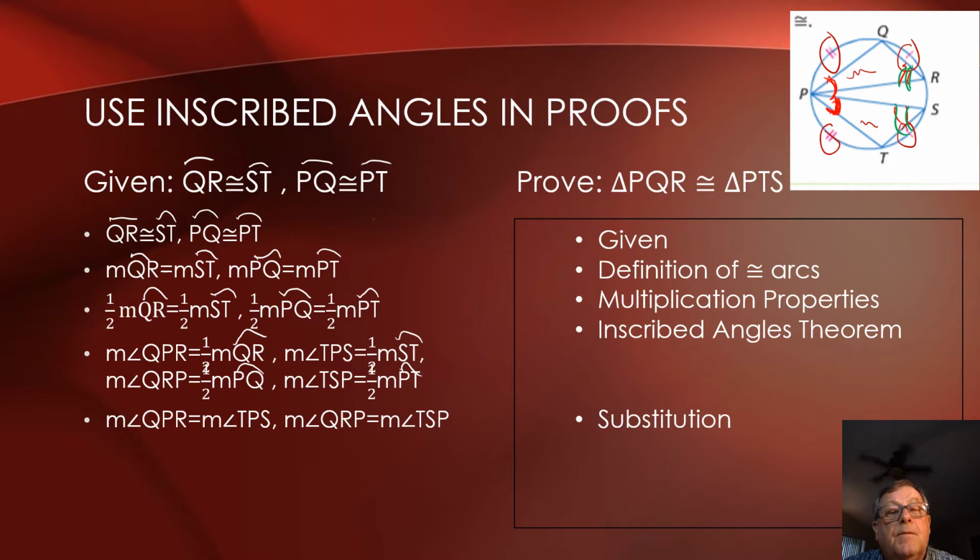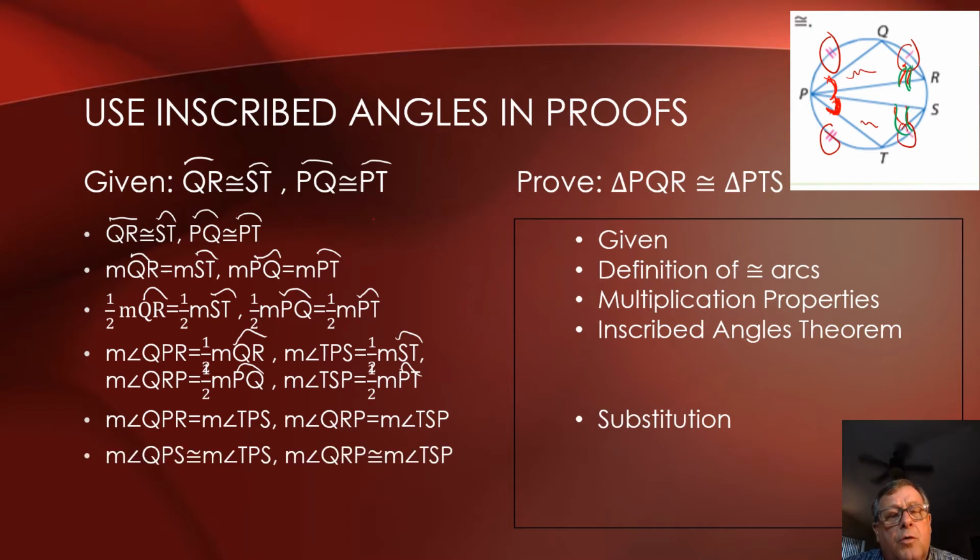We just substituted that. Go back up here. If 1/2 of arc QR is equal to 1/2 of ST, and then we said that the measure of angle QPR is equal to 1/2 of QR, and the measure of angle TPS is equal to 1/2 of ST. Well, then by substitution, the measure of QPR is equal to the measure of TPS, as well as the measure of angle QRP equaling the measure of TSP.